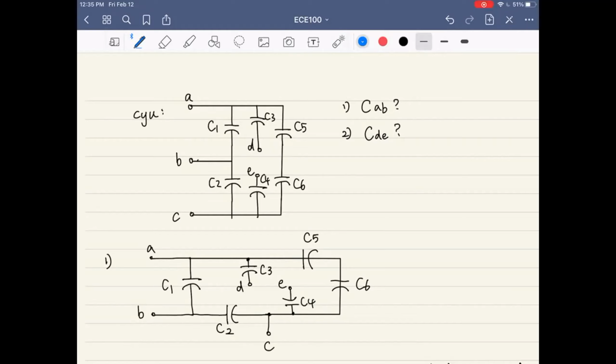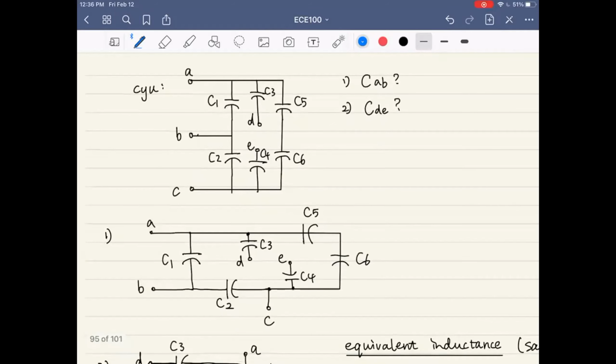Some of us may not understand what it means to look from a certain pair of terminals. Looking from terminals A and B means that we only care about what happens between A and B. But "between" does not mean only the elements directly between A and B. It means we need to consider all the rest of the circuit from the perspective of these 2 terminals.